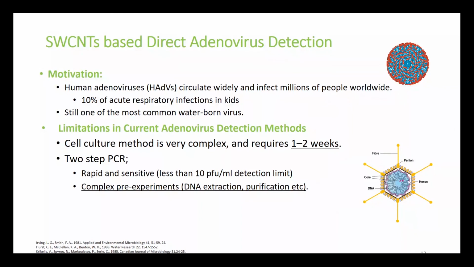In the adenovirus outer shell, they have the hexon protein. It even looks quite like the coronavirus, the hexon protein. And we are aiming to use an antibody that directly binds to this hexon protein and grabs the adenovirus from the sample, and then we try to make a direct detection.